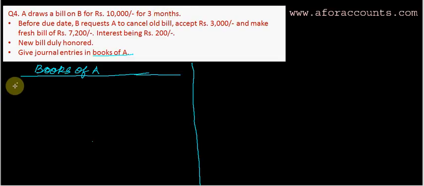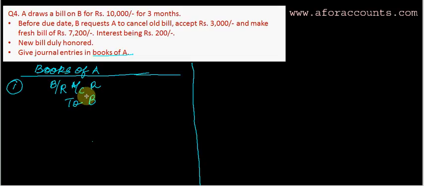So the first entry I will do is for drawing a bill. Bills receivable account debit to B. The person who draws the bill is known as the drawer, and the person who accepts the bill is the acceptor.